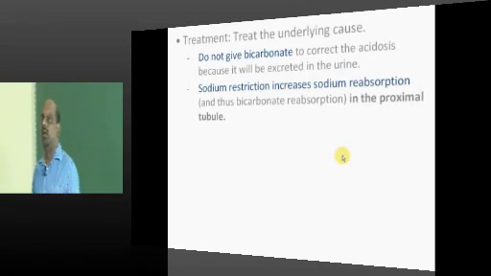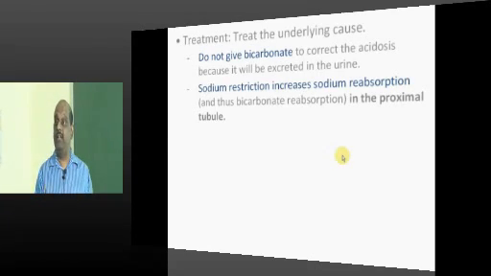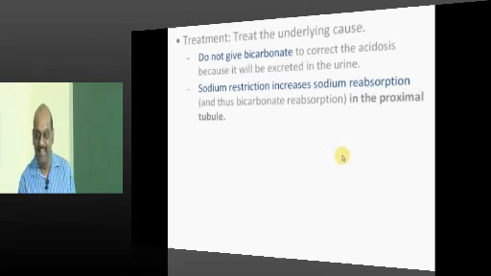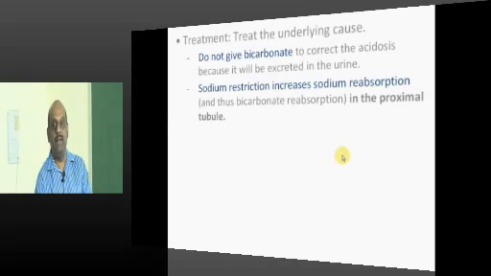So how do you treat? Never make the mistake of giving bicarbonate to treat the acidosis in proximal RTA. Why? If you pump bicarbonate into them, all that bicarbonate will go to the proximal tubule, it is not reabsorbed, it will come to the distal tubule.